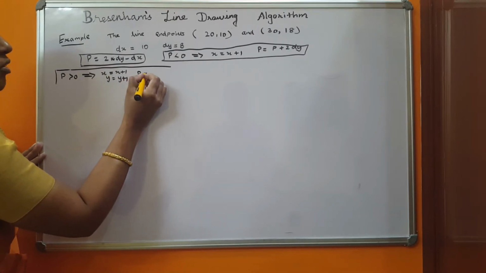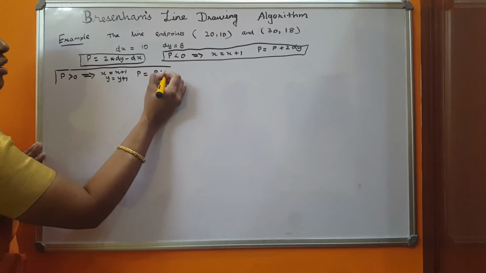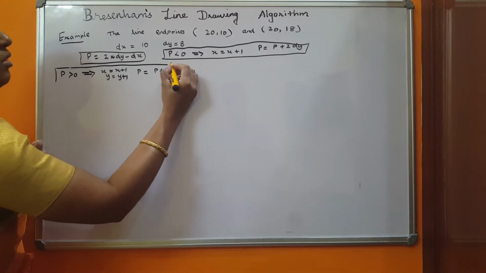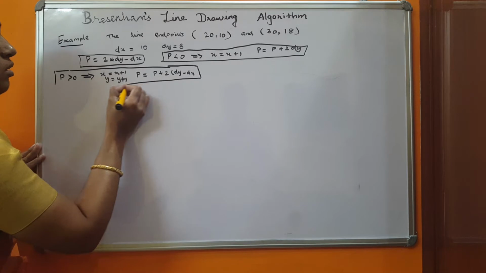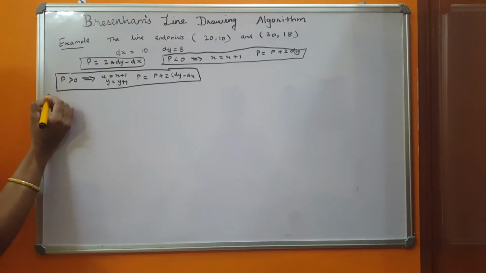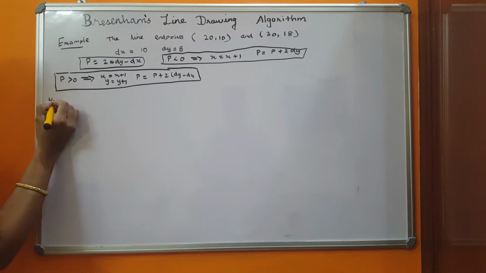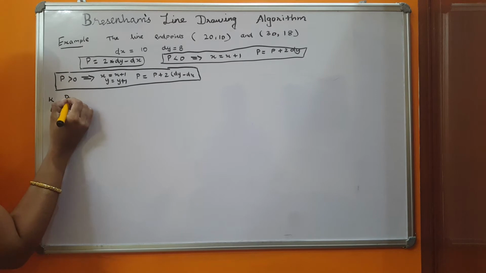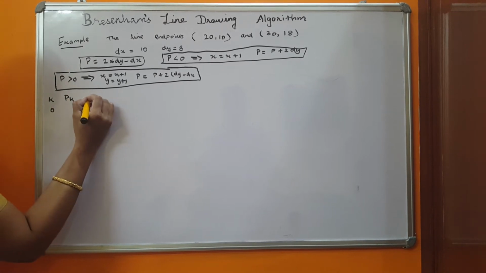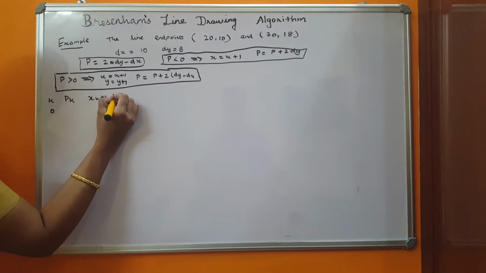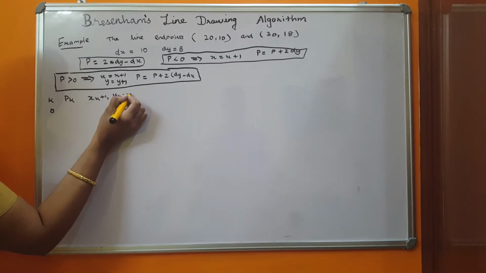New p value equal to p plus 2 into dy minus dx. Now we find out the points. First step k, the step value, then this is decision parameter value, this one is next point along the line.